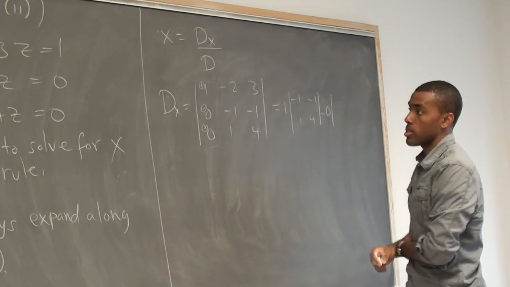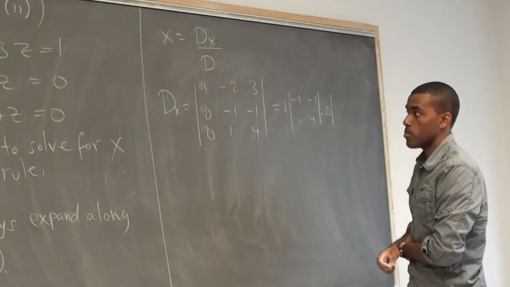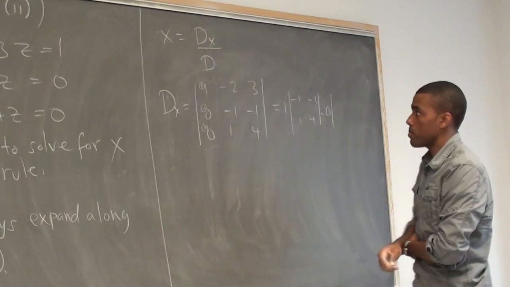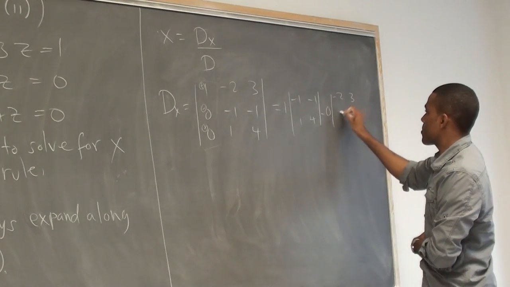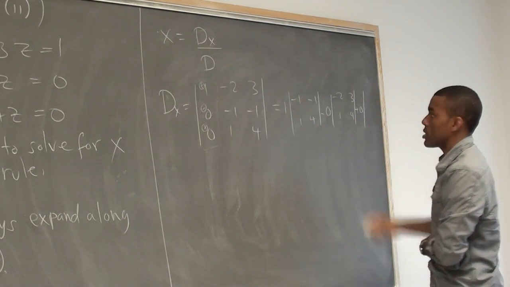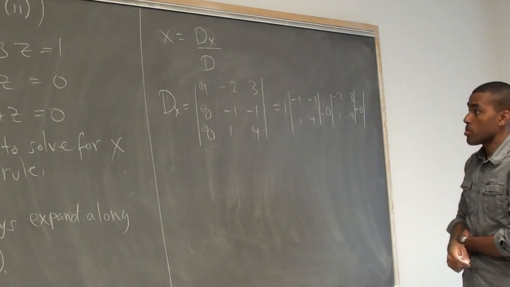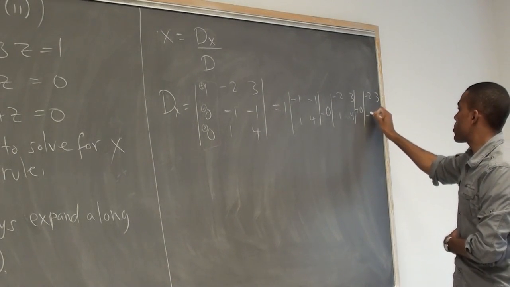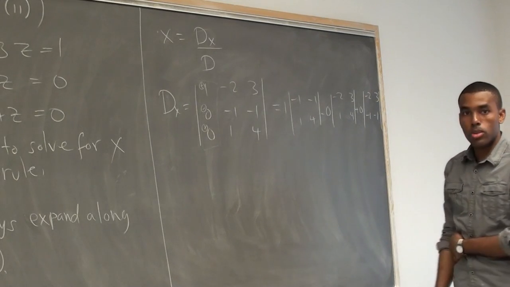Minus 0 times, doesn't matter, this one, times -2, just write it out to see, the matrix -2, 3, 1, 4. Plus 0 times the matrix -2, 2, 3, minus 3, minus 1, minus 1. Right? That's what it would look like.